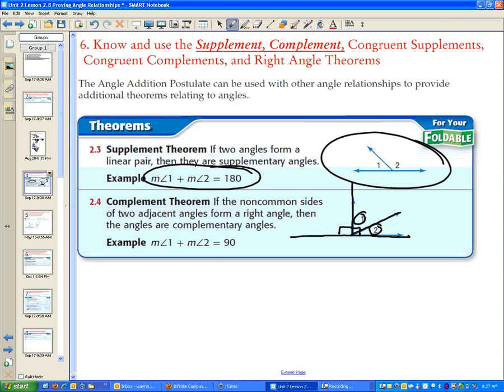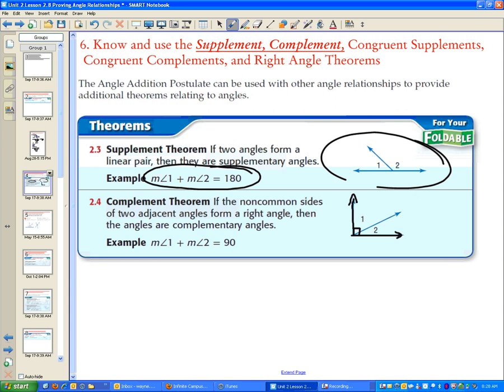Well, now the theorem says if the non-common sides of two adjacent angles, so angle 1 and angle 2 are adjacent angles, the non-common sides are this ray and this ray. If the non-common sides of two adjacent angles form a right angle, then we've already decided weeks ago that when you add the measures of angle 1 and angle 2, you get 90.